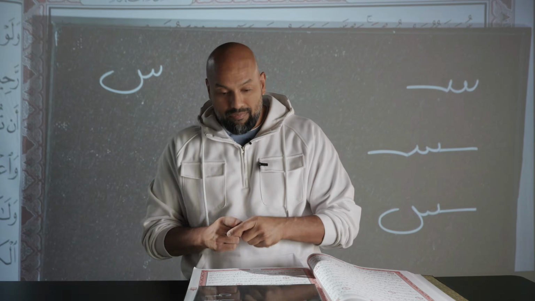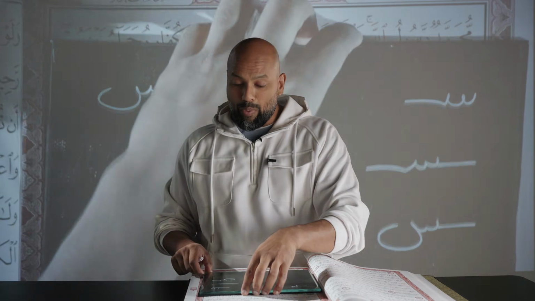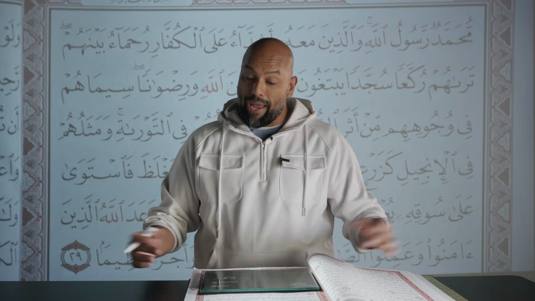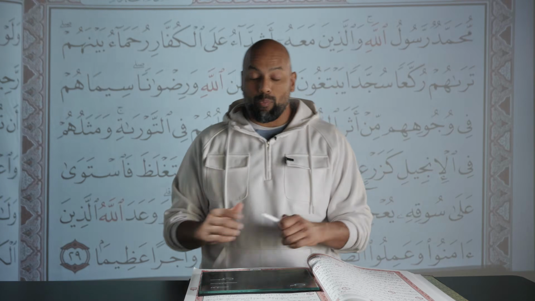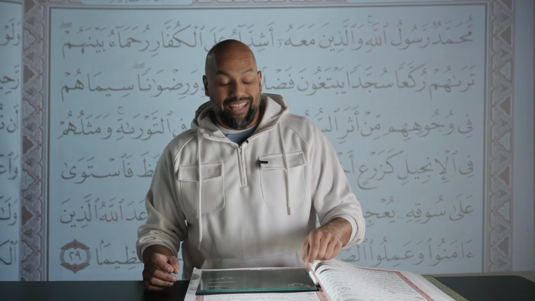Now, if you have been following along, welcome back. If this is your first time here and the letter Seen happens to be the first letter you're looking at, in this video series we're going over the last verse of Surah Al-Fath. This passage is the smallest verse in the entire Quran that contains every single letter of the Arabic alphabet.